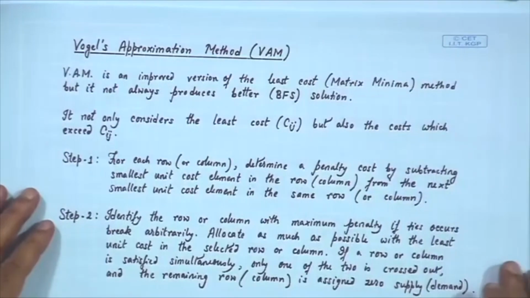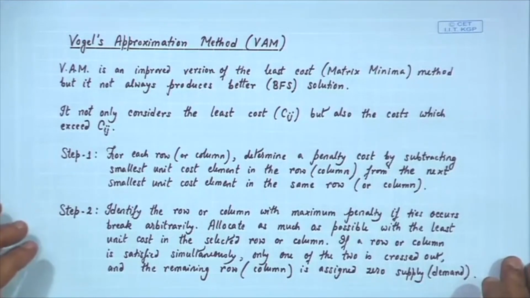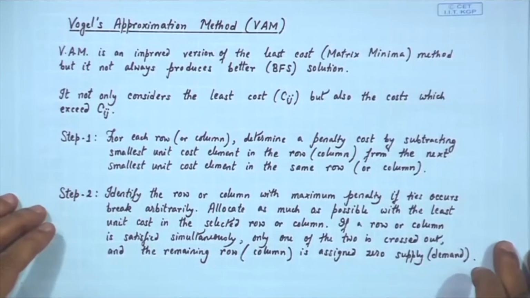So, one more method was developed after this, which is actually being used to find out the initial basic feasible solution. This we call Vogel's approximation method to find out the initial basic feasible solution of the basic problem.